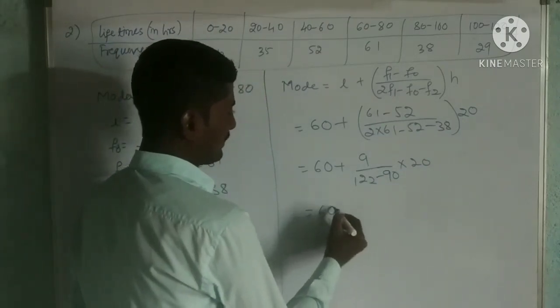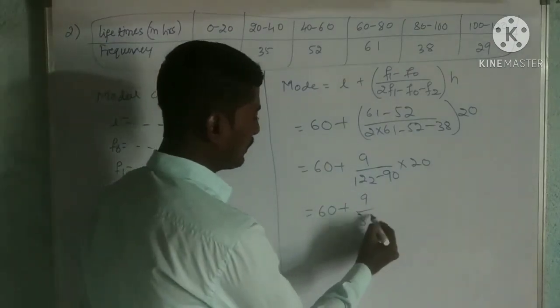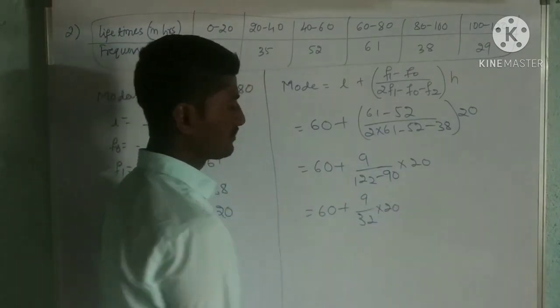That is 60 plus 9 divided by (122 minus 90), which is 32, into 20.